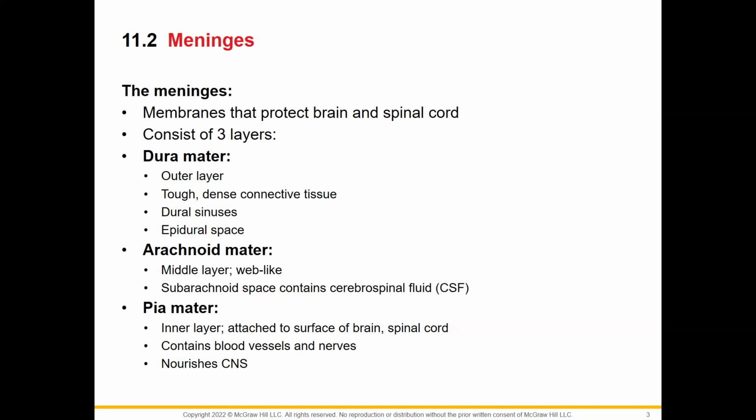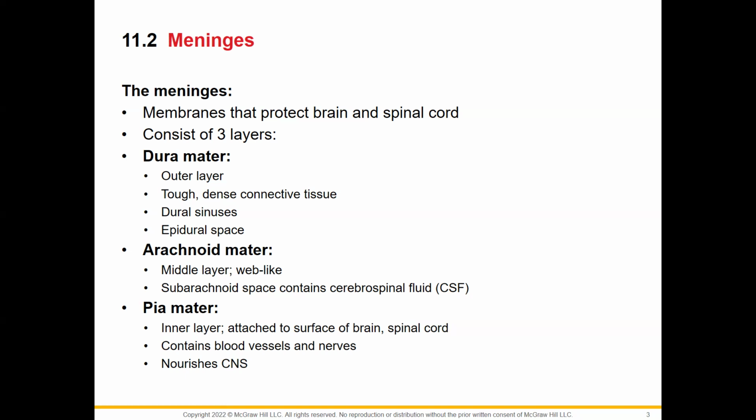I think of the pia mater more like saran wrap that is touching your brain and spinal cord and protecting it. The pia mater contains blood vessels and nerves. So these are the blood vessels that are going to feed the brain itself, and the nerves that are associated with the meninges and the bones and the brain.